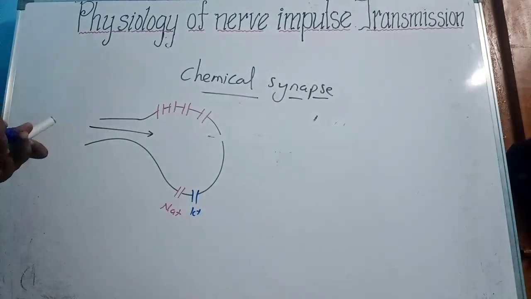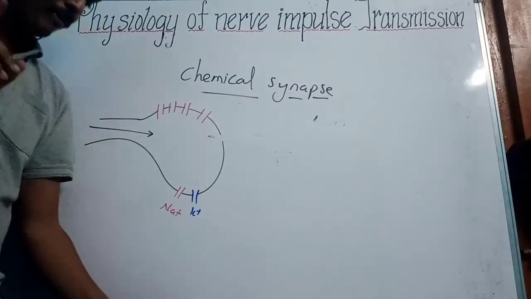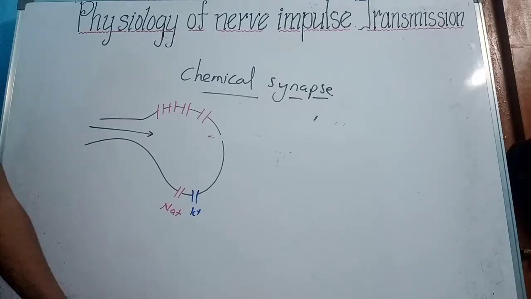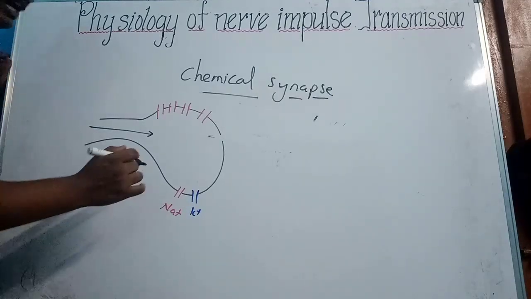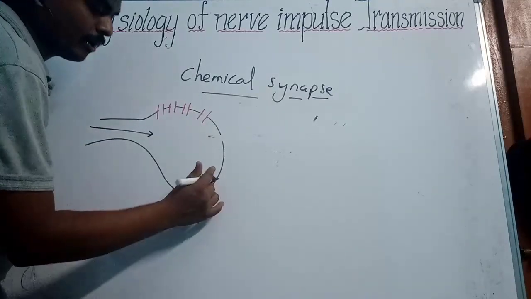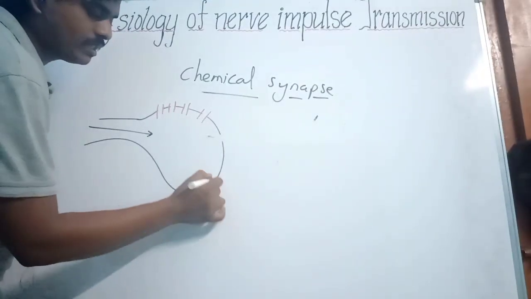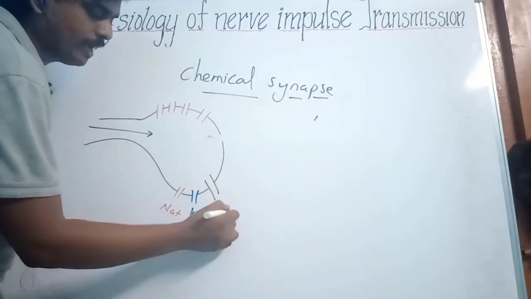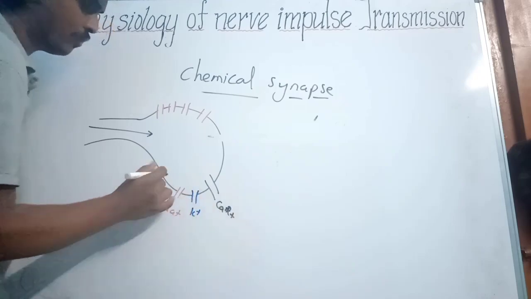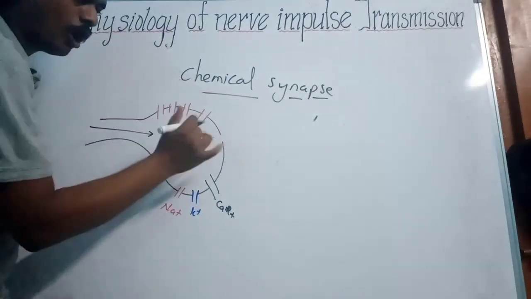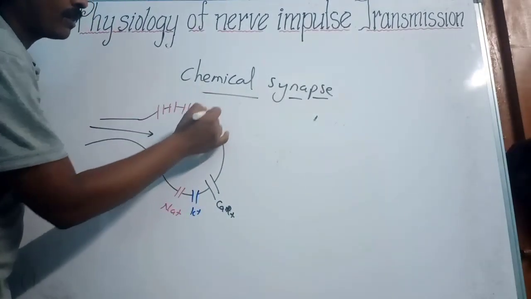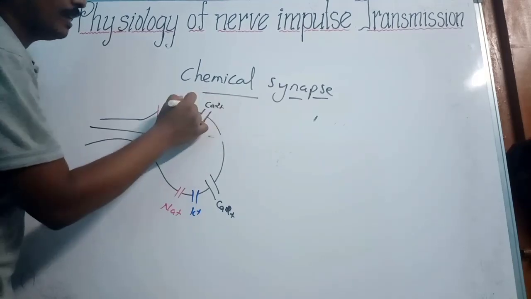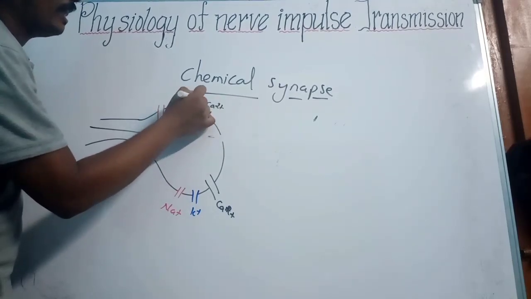But the main thing here, a very important point, is that we can observe the calcium gated channels, Ca2 plus. So we can observe in this area a lot of calcium gated channels.